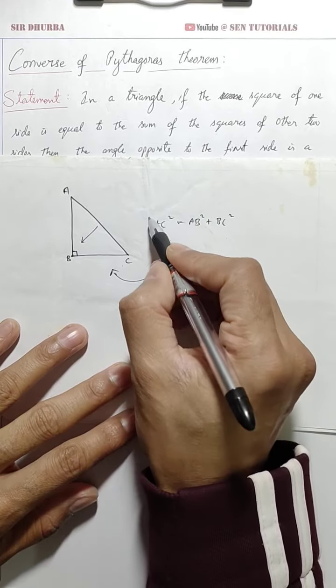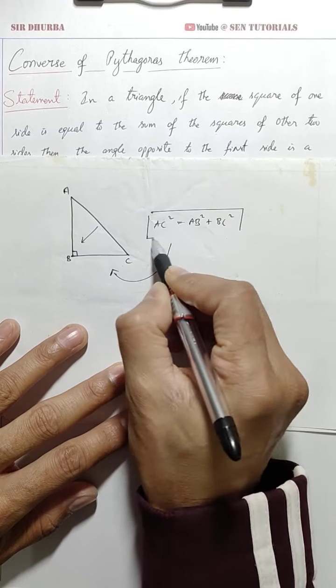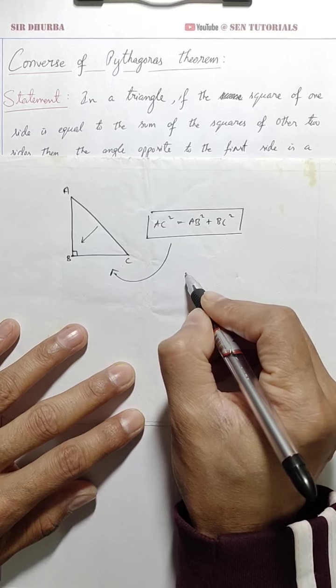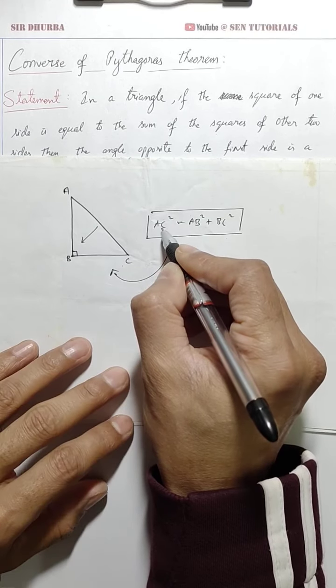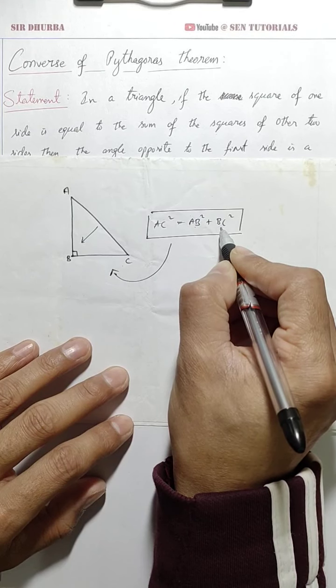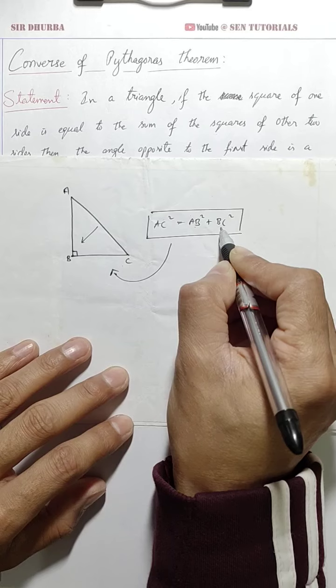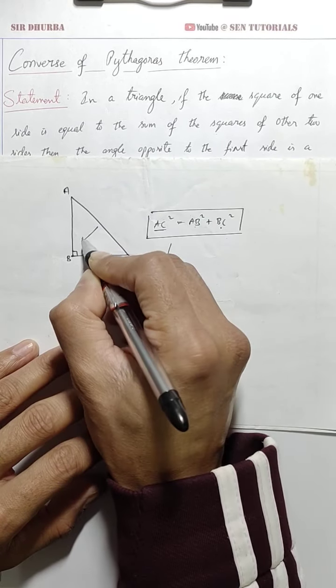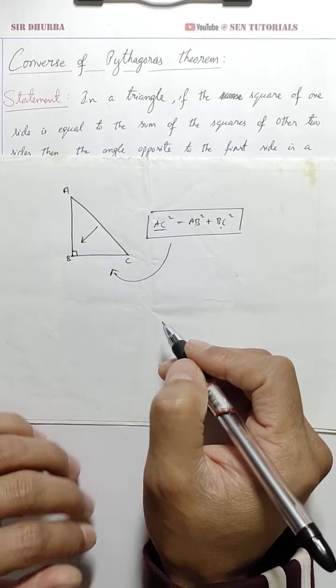Now they will be giving you a condition such that there is a triangle in which the square of one side is equal to the sum of the squares of the two sides. Then it proves that the angle opposite to that side is a right angle.